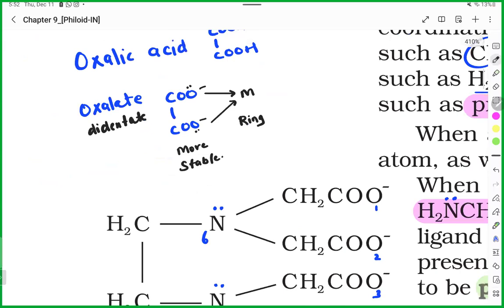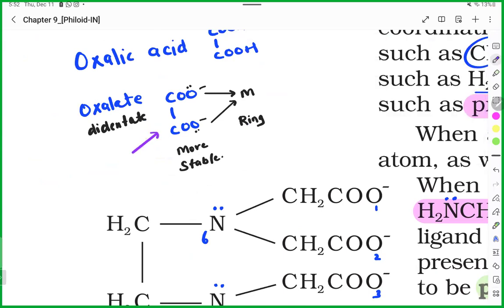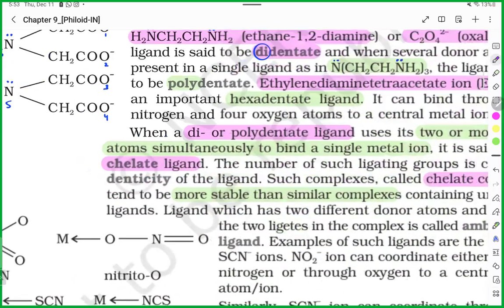Such compounds are known as chelating ligands. They are ligands and they form chelates. Why do they form chelate complexes? Chelate means when multiple things donate to the single atom. Any doubt? Now you understood well.